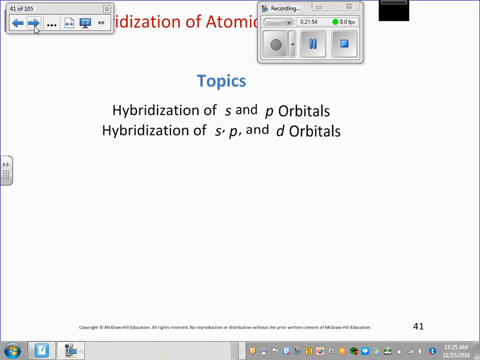How many unpaired electrons? 2. How many bonds does carbon form? 4. How can you form 4 bonds when you only have 2 unpaired electrons? Obviously, we've got to modify that theory.